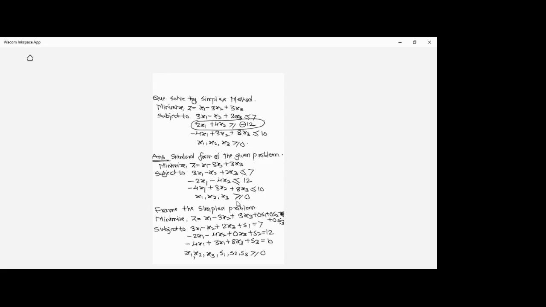So this is how the constraints can be framed, and the objective function can be framed in the simplex problem, right? Now that we have understood this, let's frame the simplex table. I'll be writing this simplex problem statement again, so that there is no confusion while framing the table.